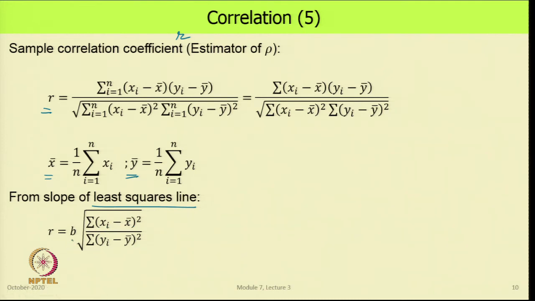So, we could even look at the slope of the line and then this term, and that tells you what the correlation coefficient is there.